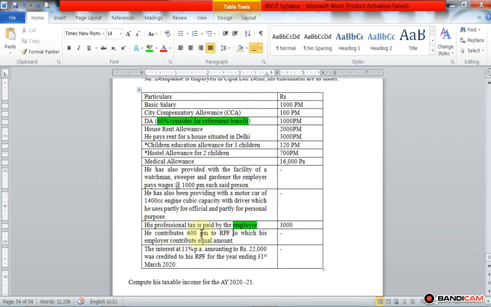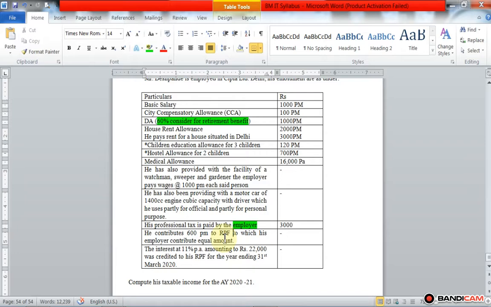Mr. Deshpande has contributed 600 per month to the recognized provident fund. So an equal amount, that is 600, is contributed by the employer also to the provident fund of the assessee. Here we take into consideration only 600 per month, and we already know that the employer cannot contribute more than 12% of salary to recognized provident fund.